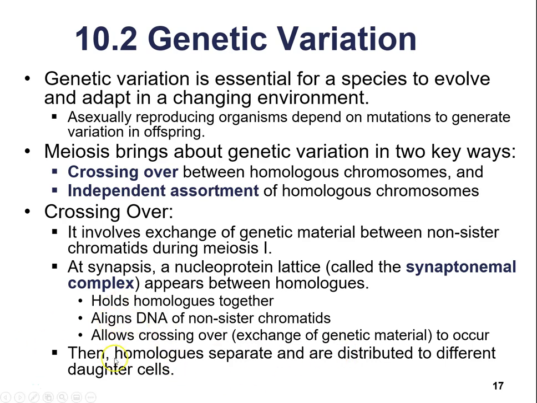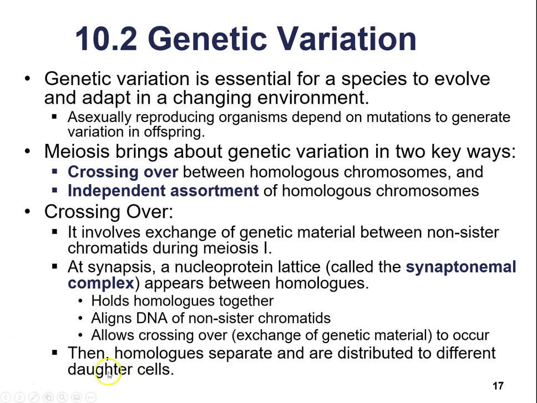Again, crossing over is the exchange of genetic material between those homologous pairs, not between the sister chromatids. That would induce no genetic variation because they are exact copies of one another. The homologous pairs have the same genes, but remember, different variations, different alleles of those genes.